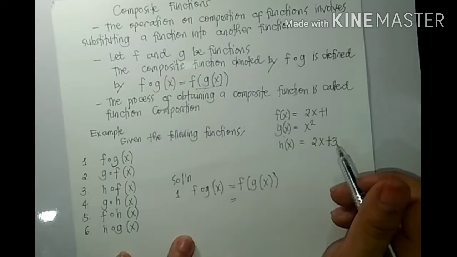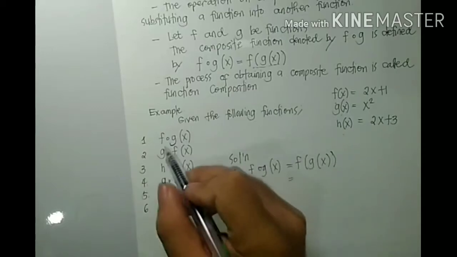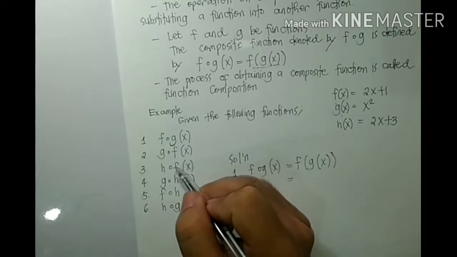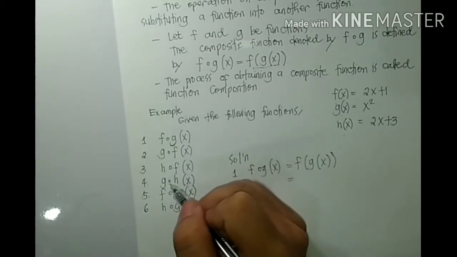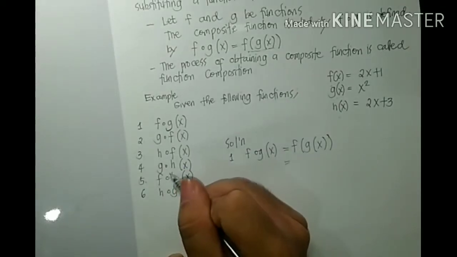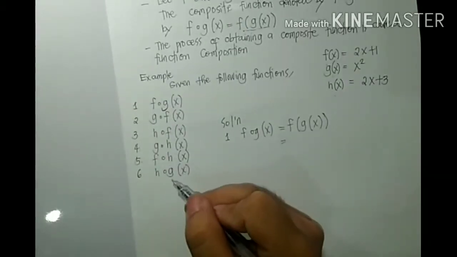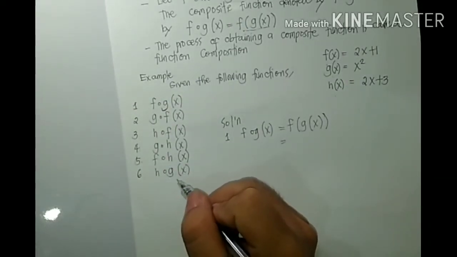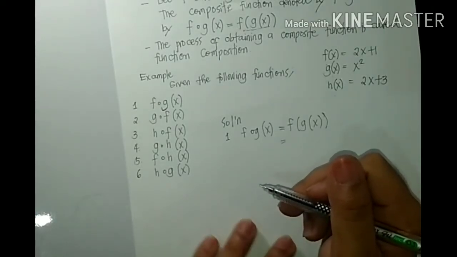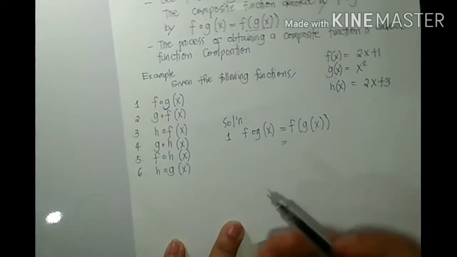Now let us determine the composition of each function: f composed with g of x, g composed with f of x, and h composed with f of x. Then next we have g composed with h of x, f composed with h of x, and lastly h composed with g of x. Now let us find the composite functions by applying the function composition.